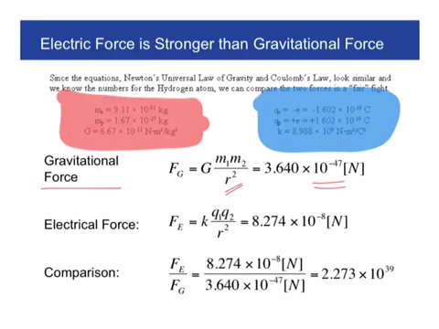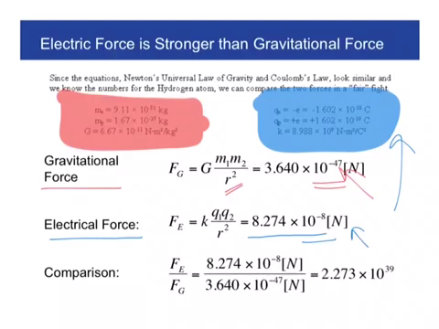And for the electrical force, you can plug in those values from here. You will get 8.74 times 10 to the negative 8. Right away, you see the difference here. Negative 47 or negative 8, a big difference.